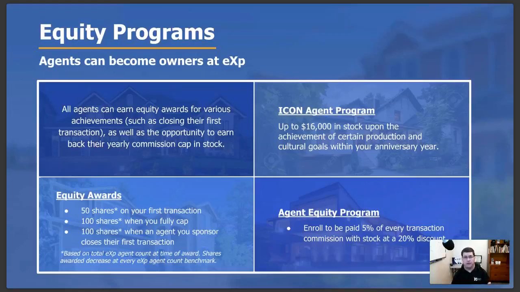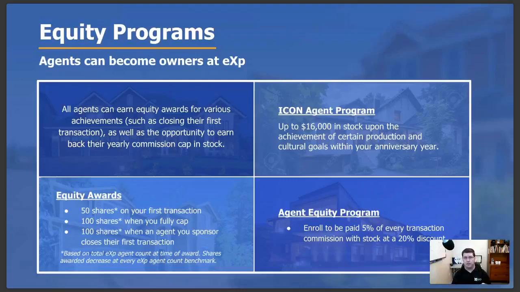Everybody knows the ownership concept and the pride in ownership, and that's what we have at eXp because we're truly owners. The other one that I would point out is the Icon program, which is for top producers, and it's a way for top producers who are producing, selling real estate, and contributing back to the company and the communities that they serve, like so many of us do.